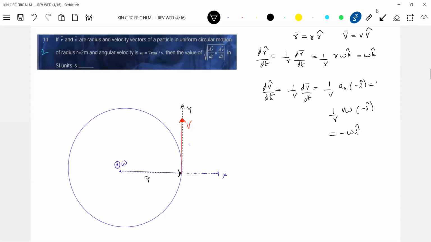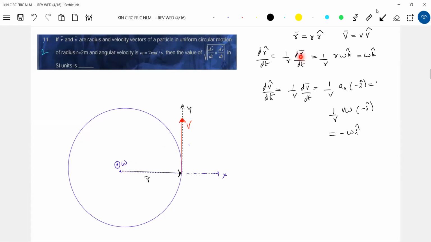What is the problem? Sir, dr bar by dt is v bar. V bar is along the y-axis, so j cap. No, that particular r is a fixed quantity due to rotation. So when this r bar comes here, r bar is a position vector.